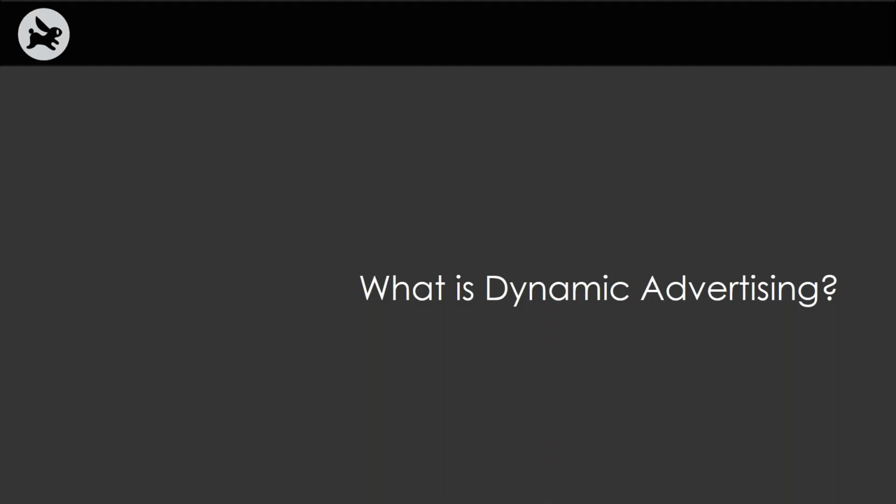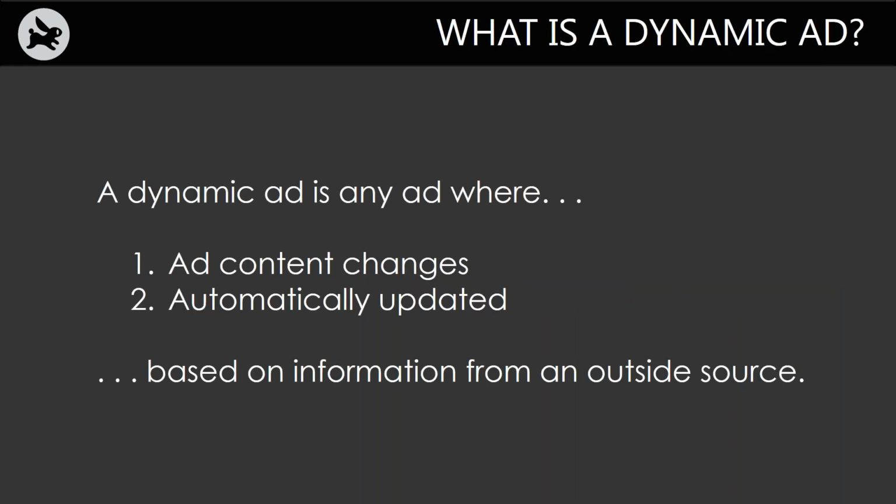There we go. So we'll start out with, when we say dynamic advertising, what do we mean? A dynamic ad is any ad where the ad content changes and is automatically updated, and that update is based on information from an outside source. If we're running ads that pull data from your inventory, the vehicle can change, the price can change, and based on the audience, we can show different vehicles.